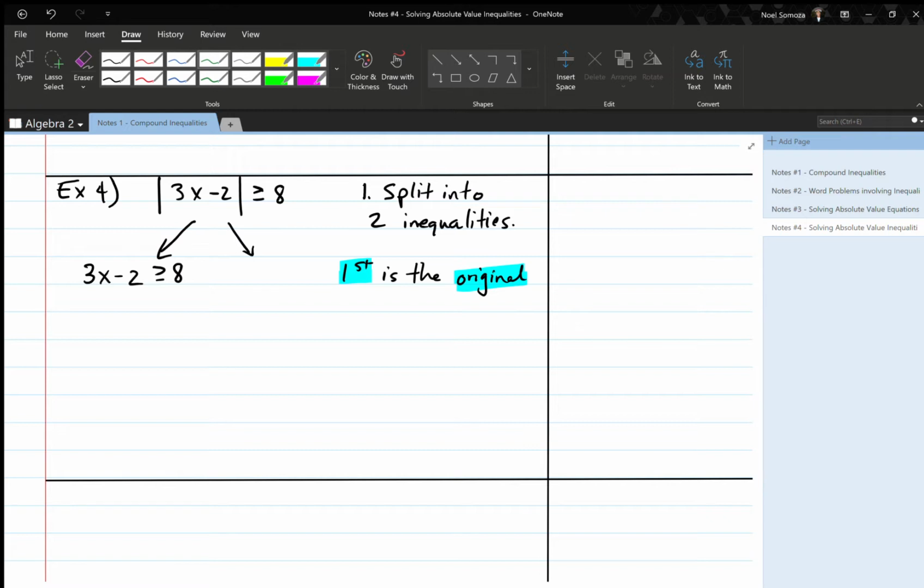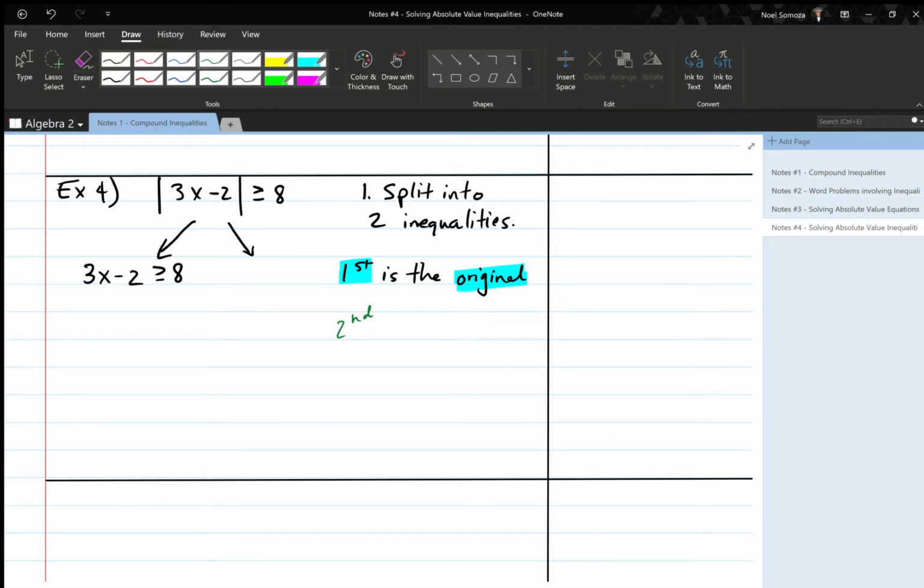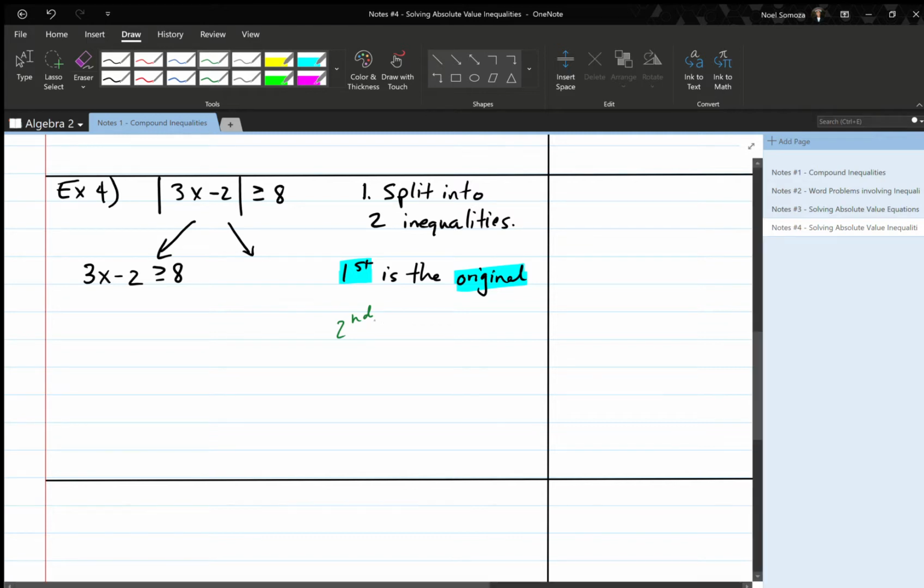All right. Now the second inequality. You have to flip the inequality and change the sign. Okay, so it's a two-part thing. For the second inequality that you're going to draw, you're going to do two things. Part A, flip the inequality.